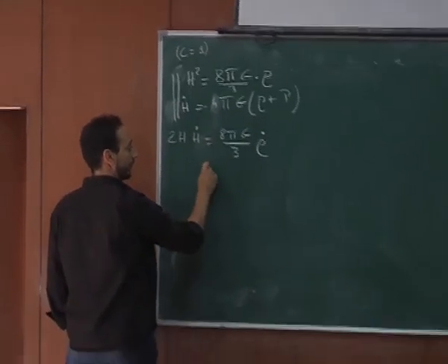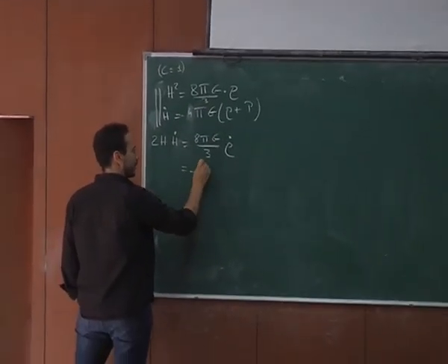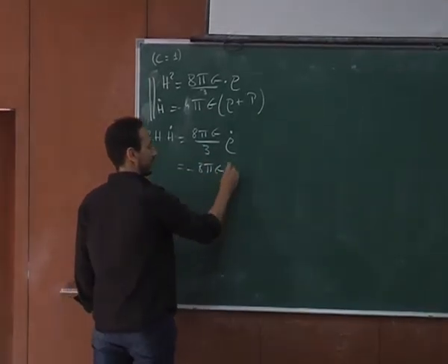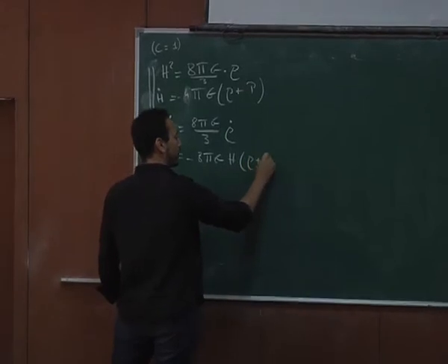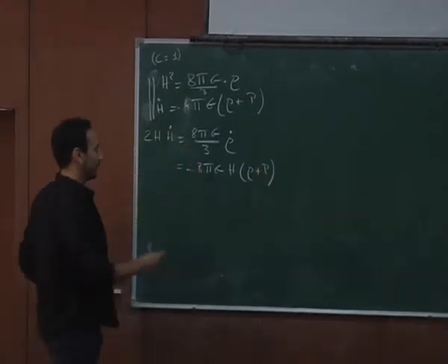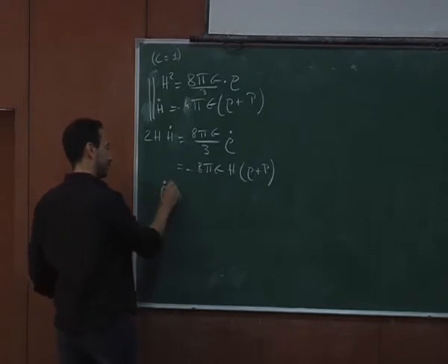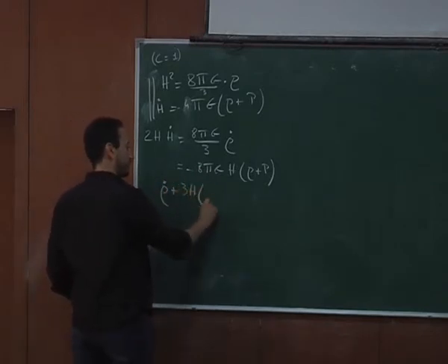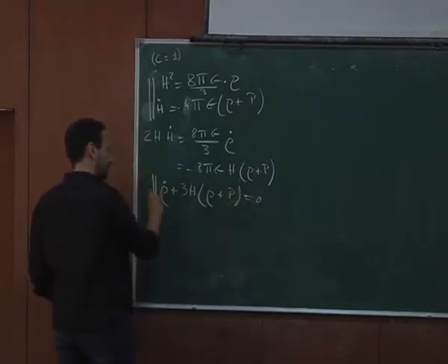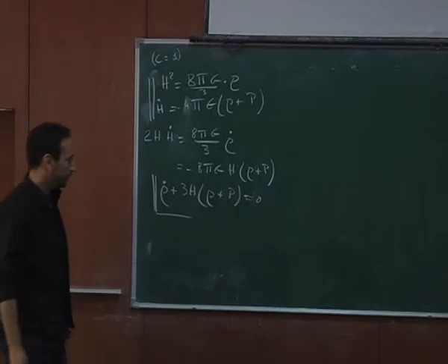So it will become minus 8 pi G, and there is an h (rho plus p). From that I can simplify the equations a bit and get that rho dot plus 3h (rho plus p) is equal to 0. So this is what is called the equation of conservation.